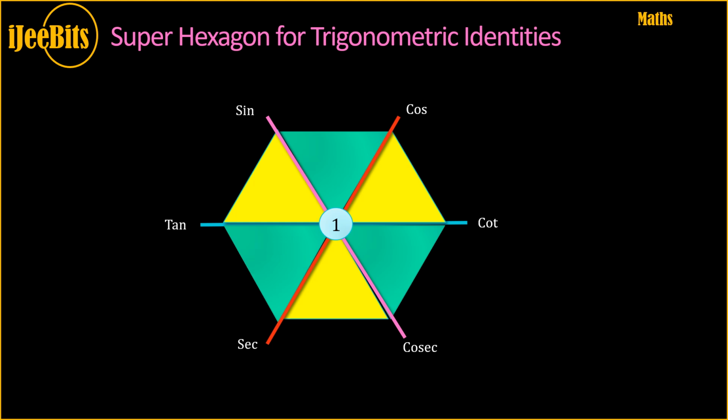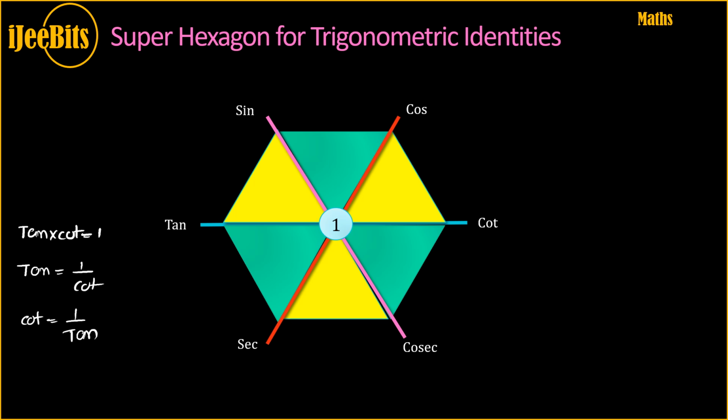You can get these relationships as well. So let me put them down now. Let's take tan first, right? So horizontal. Tan multiplied by cot equals 1. Otherwise, tan equals 1 by cot, and cot equals 1 by tan. That is one relationship.